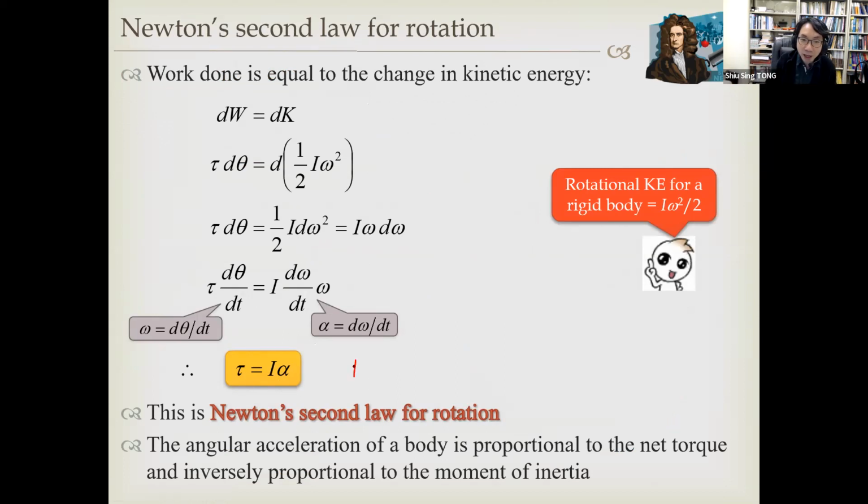Newton's second law says F equals ma for a single particle, right? Now the a becomes the alpha, the m becomes the I, and the F now becomes the torque tau, right? This is what we expect, and we are going to prove it in the next lecture.